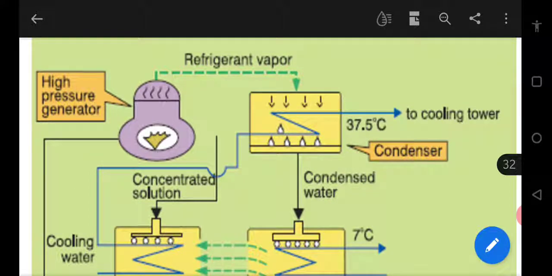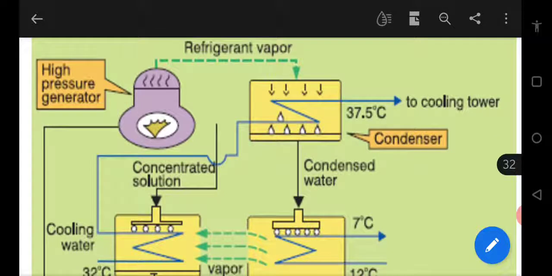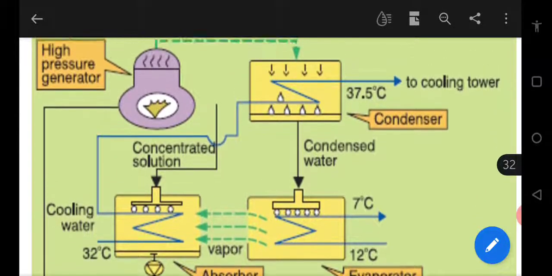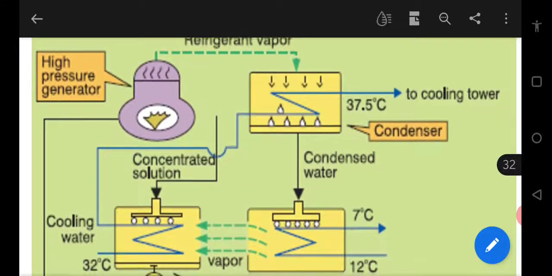In the generator, whatever waste heat or solar heat is available is supplied, and because the refrigerant has a very low boiling point, the refrigerant vapor goes from the top to the condenser, and even a cooling tower if required. This condensed refrigerant is again throttled and sent back to the evaporator. It looks like a very simple system, but in real life it is very complicated because some pressures are involved.